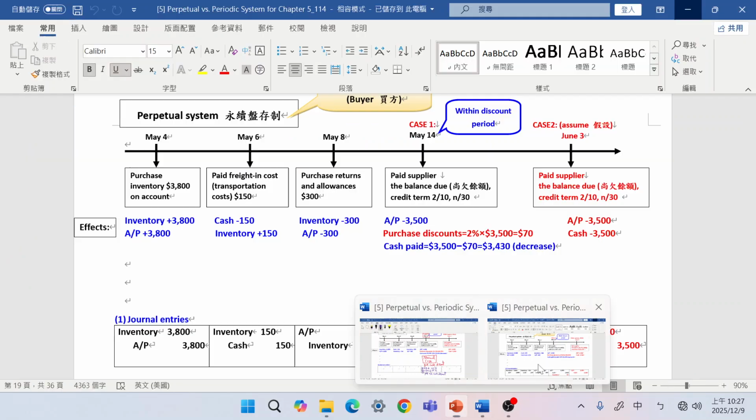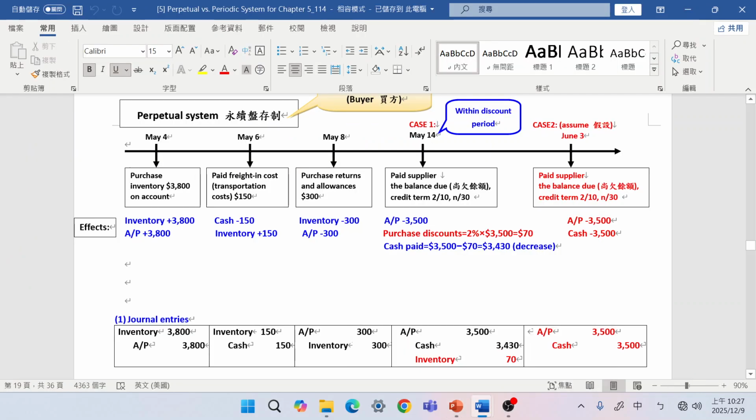So if you finish the transactions, it's like this. Case 1, we talk about the normal case, right? Case 2, here I just want to show you the abnormal case. So in the abnormal case, how much money do you have to pay? 100%, right? So did you get the cash discount? No, okay? So here I just want to show you the normal and abnormal case.